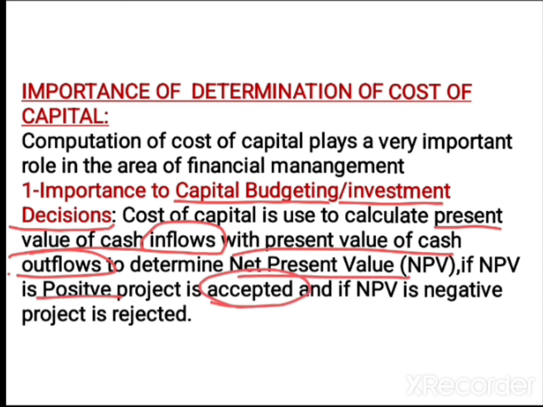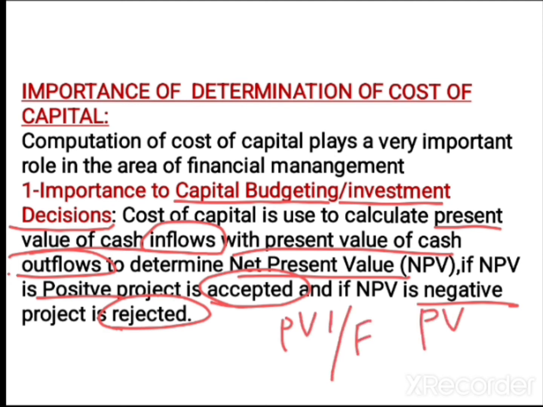If NPV is negative, the project is rejected. Okay, what are these cash inflows? Cash inflows means money or cash is coming into your business, when you are getting returns on investments, isn't it?